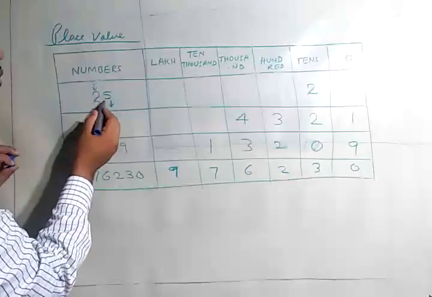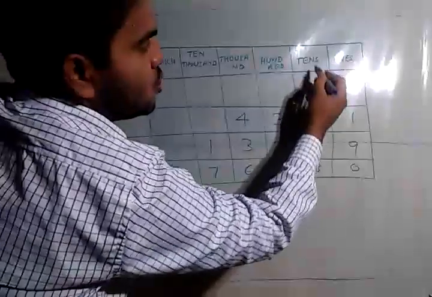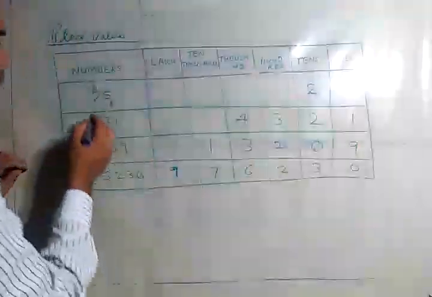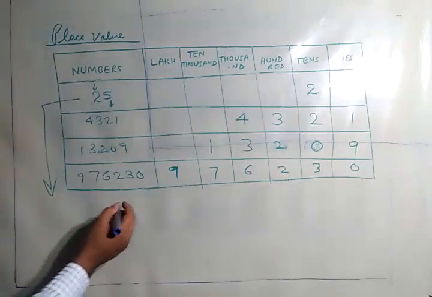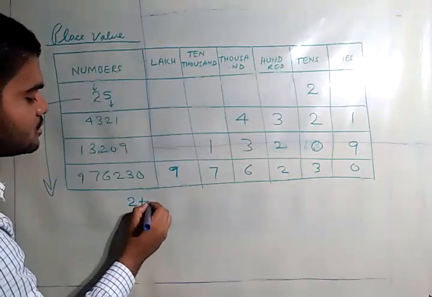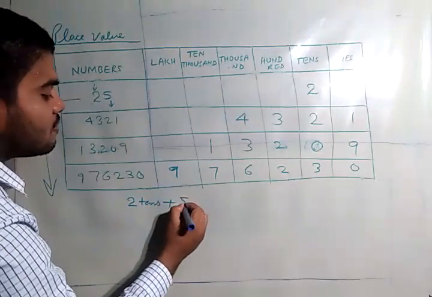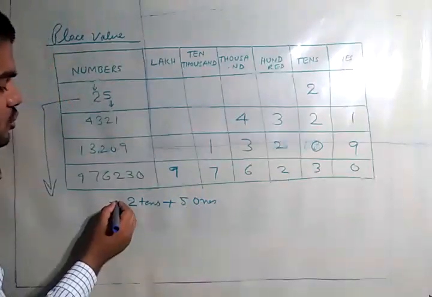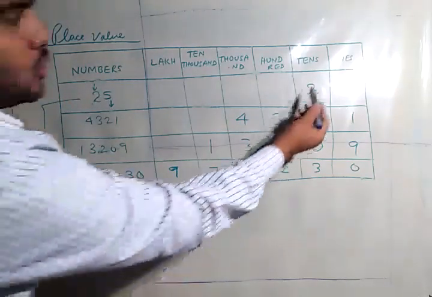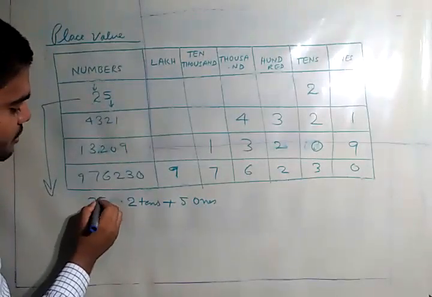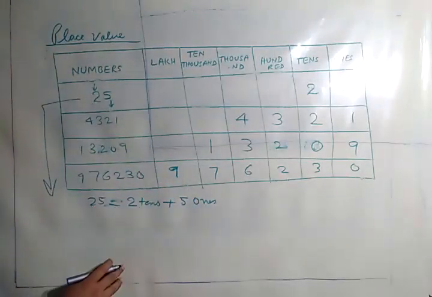Now you see this 25, this means 2 tens. If you want to write this number, how are you going to write? 2 tens plus 5 ones. I hope you have studied this in lower class. 2 tens 5 ones is equal to 25. That means 25 is equal to 2 tens plus 5 ones.